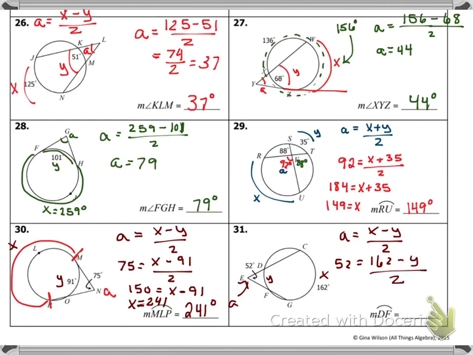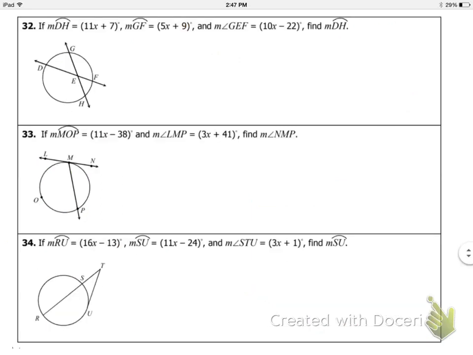Multiply 2 on both sides: 104 equals 162 minus something. 162 minus 58. Y would be 58. And that's the arc we were looking for. Cool, go us.